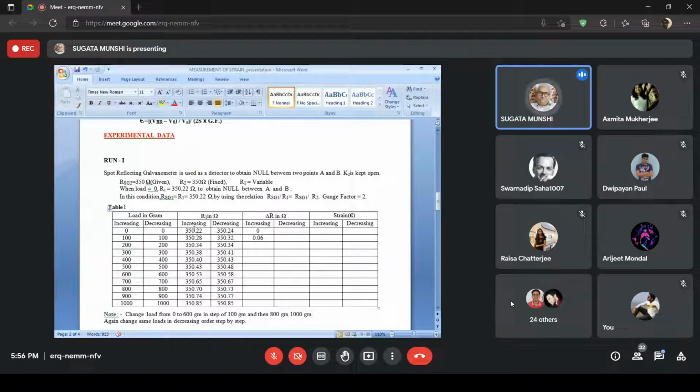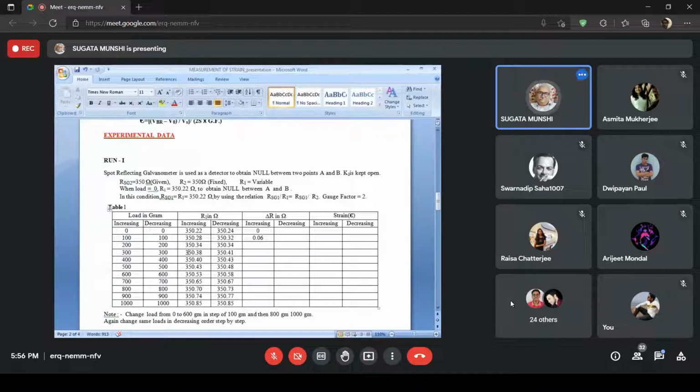Just see that there is a difference between the two values of R1. You started from this value 350.22 under the assumption that load in grams is 0. But now, while coming back, when you have removed the load completely, it's coming out slightly higher.